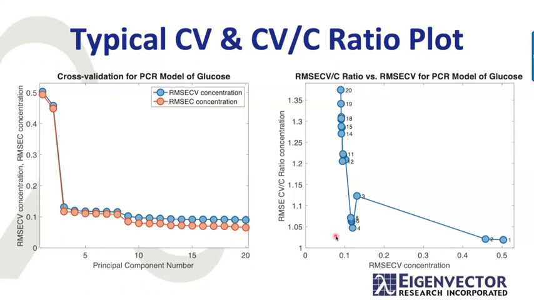So generally you want models that aren't overfit and you want them to be predictive. So you really want your model to be over here in this corner somewhere. And in this case, 4 is pretty clearly our best point for that.